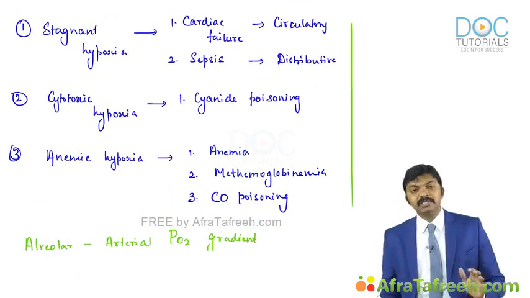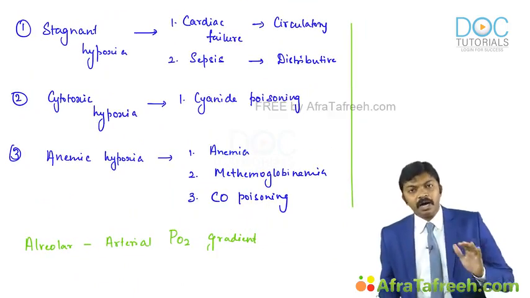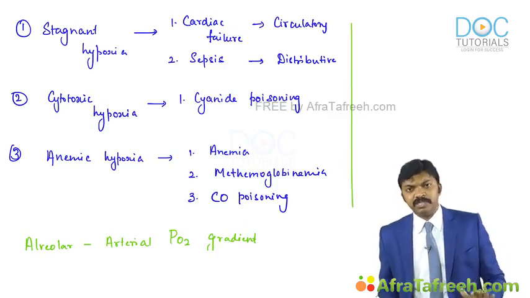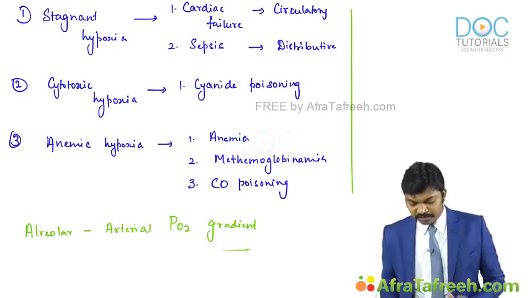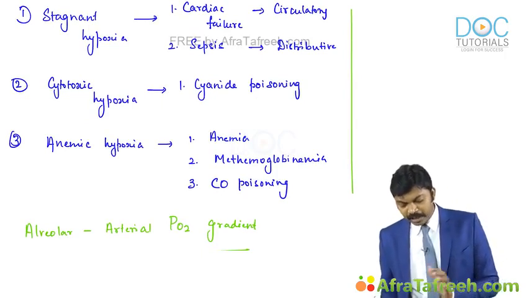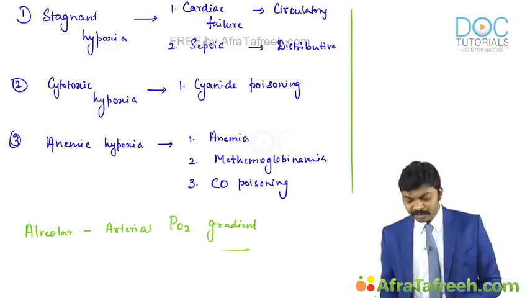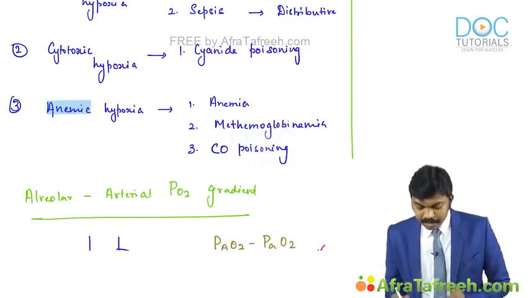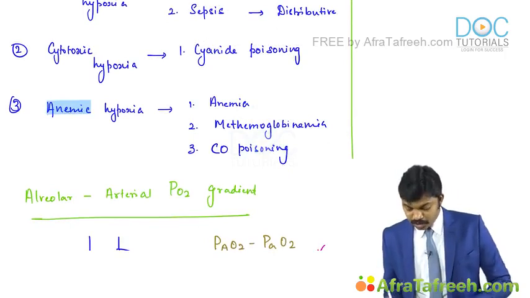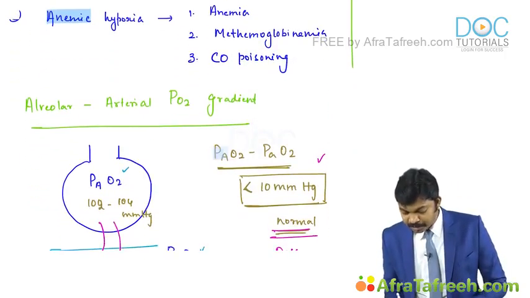Now remember, in stagnant hypoxia, arteries get enough oxygen from alveolus. There is no problem with diffusion. In cytotoxic hypoxia, again no problem with diffusion. In anemic hypoxia, again there is not going to be any problem with diffusion. Now please remember, in anemic hypoxia, the content is reduced. But what happens to partial pressure?